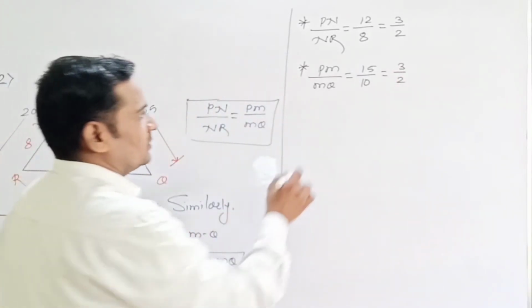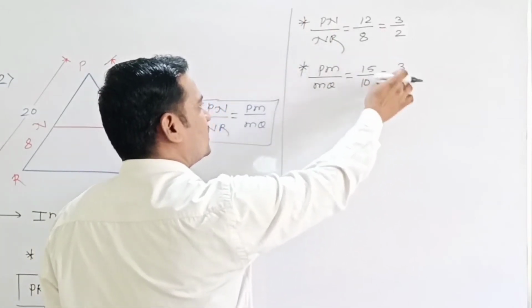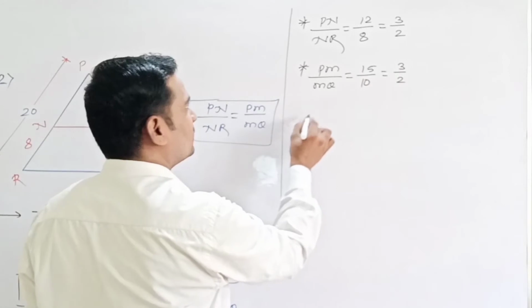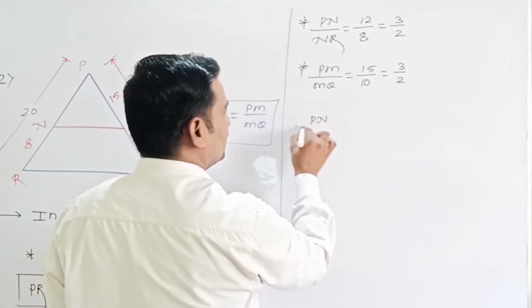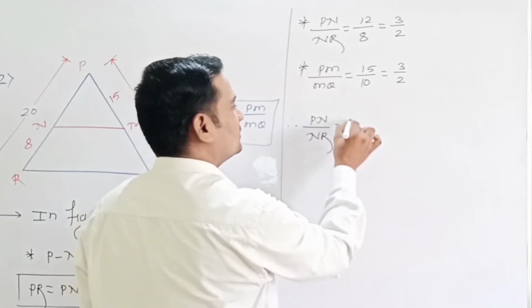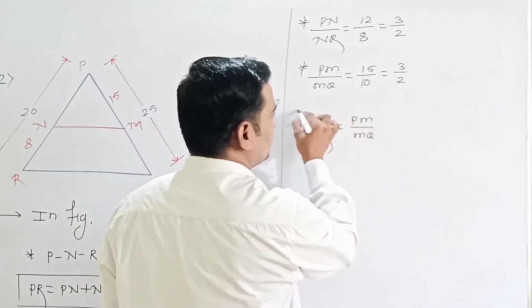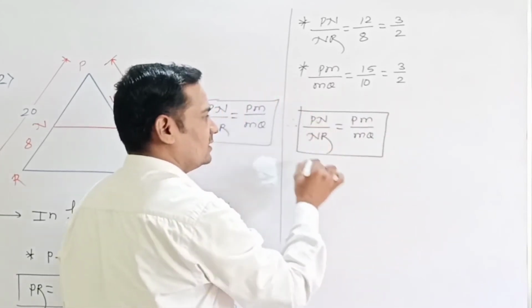Look at these two ratios. The answer of both is 3 upon 2. So therefore, PN upon NR is equal to PM upon MQ. Now both the ratios are equal to each other.